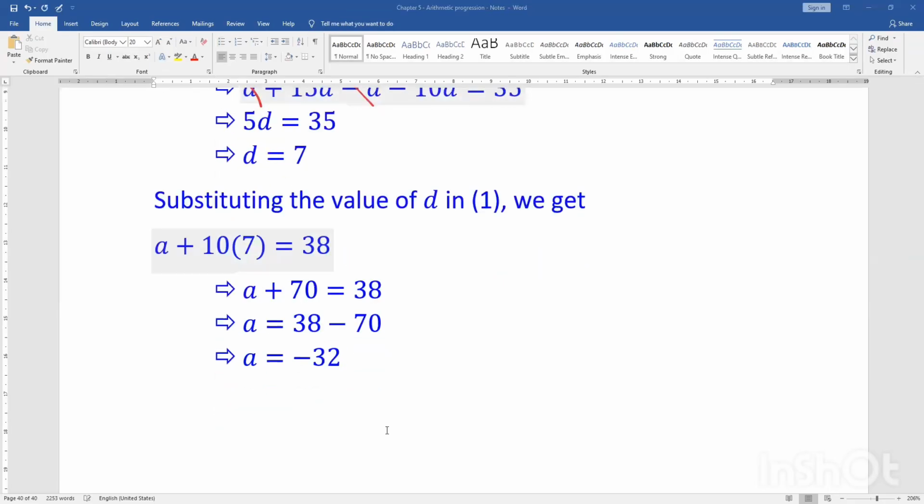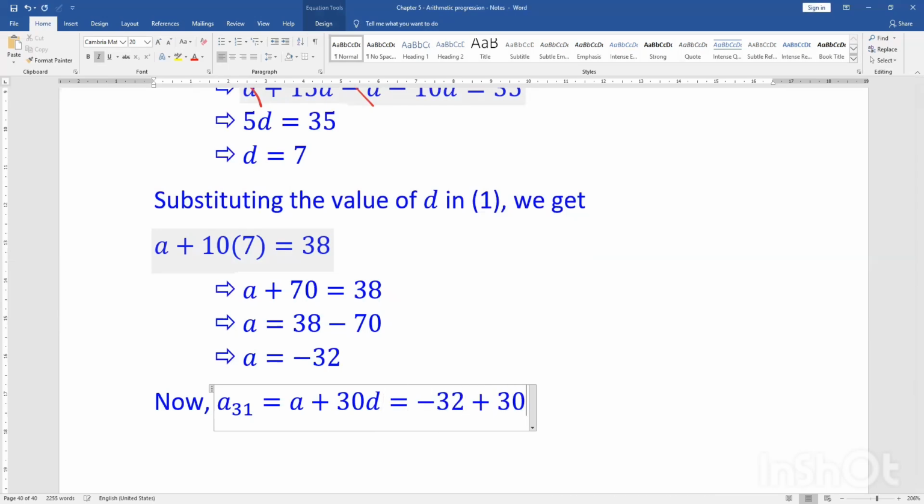Then what we need to find out? We need to find out the 31st term, correct? So let us write that. What is A31 actually? The 31st term is A31, which is nothing but A plus 30D, which is A value minus 32 plus 30 into D value. D value is 7, right?